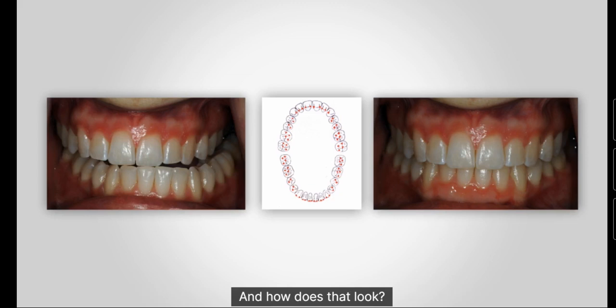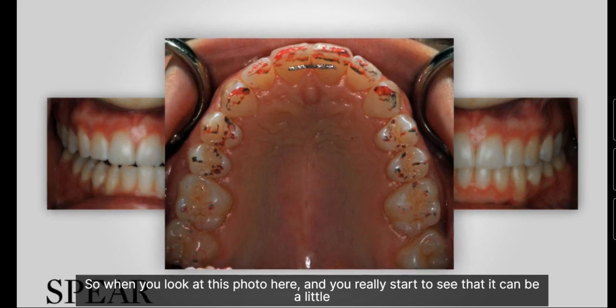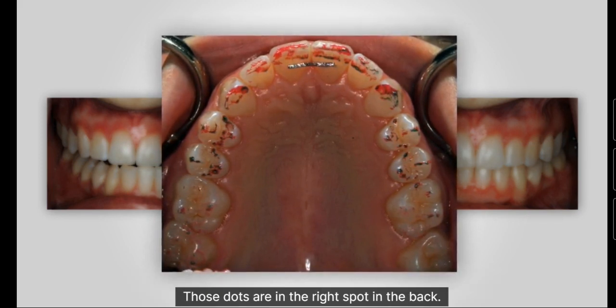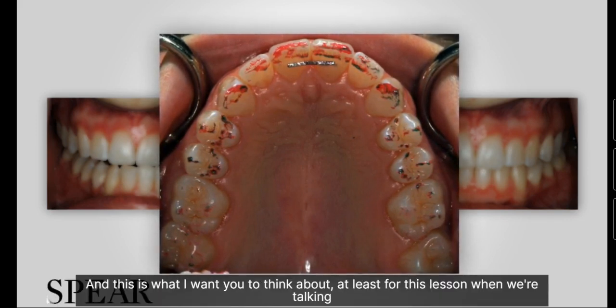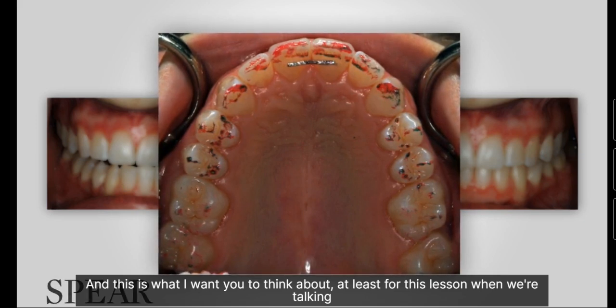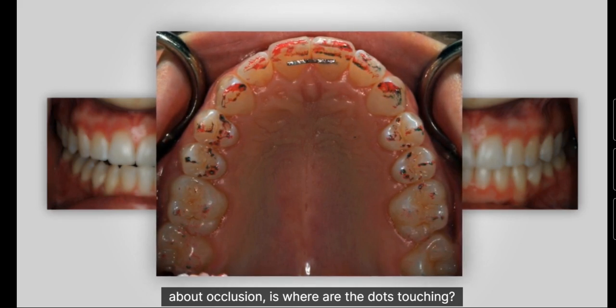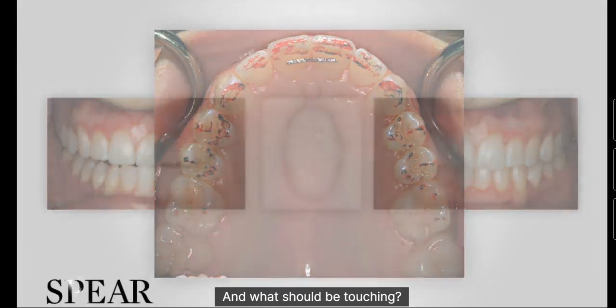When you look at this photo, you start to see that it can be a little messy in the back, where some teeth are touching where they belong. Those dots are in the right spot in the back, and the front teeth are rubbing on each other. This is what I want you to think about, at least for this lesson when we're talking about occlusion: where are the dots touching, what happens when moved side to side, and what should be touching.